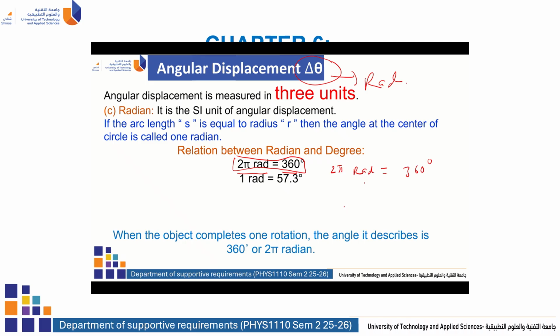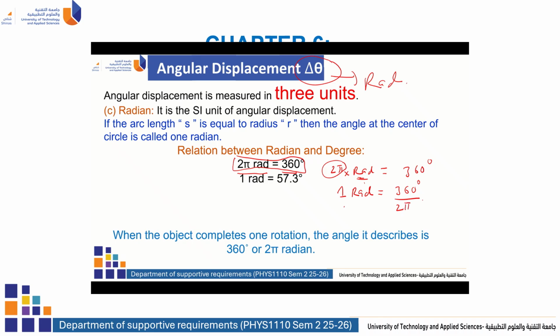But I want to know the value of 1 radian. So what I will do is keep 1 radian here and send this 2 pi to the other side, so it will come down under the 360.